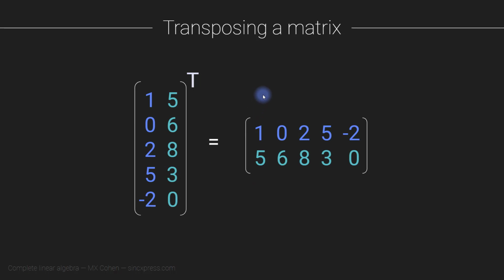That seems like a nice visualization, but it doesn't work, unfortunately, because that visualization would give you this green column on the top row, which is not the case. So it's always the first column turns into the first row. And now you can also picture this the other way. So you can think about this as being the first row turning into the first column, and the second row turning into the second column, and so on.